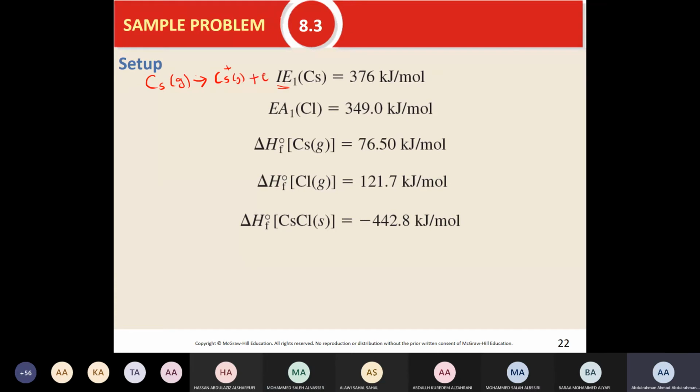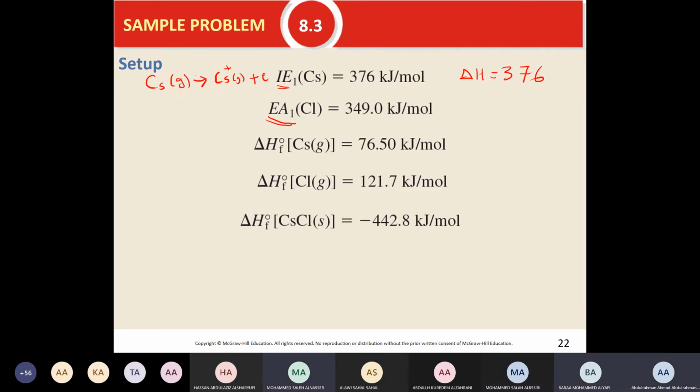Okay, and the energy will be delta H for this one. What's delta H? Equal to 376. Good? Okay.